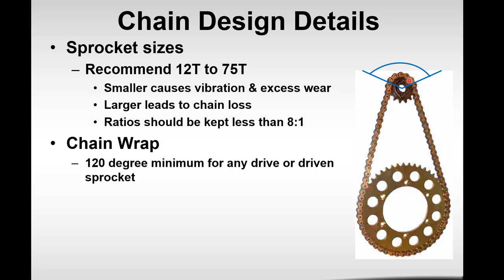By the way, if you know how many teeth there are in a sprocket, for instance suppose you have a 12-tooth sprocket and you have 1/4 inch chain, then you're going to have 12 of these times 1/4 of an inch. So that's 3 inches. That would be the distance all the way around, the circumference.